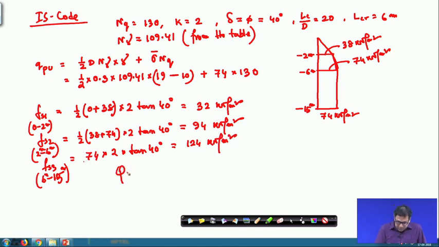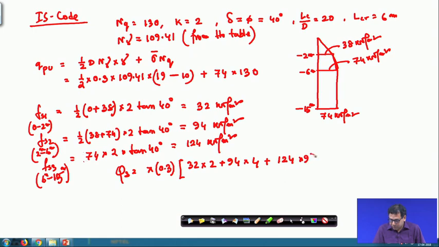So, my Q_s is equal to pi d into 32 into 2 meter plus 94 into 4 meter plus 124 into 9 meter. So, that is equal to 1466 kilonewton.